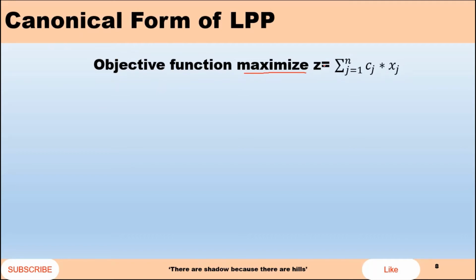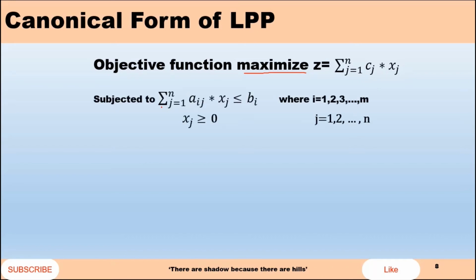So maximize z equals sigma j equal to 1 to n cj xj, where xj is the decision variable and cj is the objective coefficient, subject to the linear constraints sigma j equal to 1 to n aij into xj less than or equal to bi, where aij are the constraint coefficients, xj are the decision variables and bi are the right hand side of the constraint. So in canonical form, all the constraints should be of less than or equal to type.